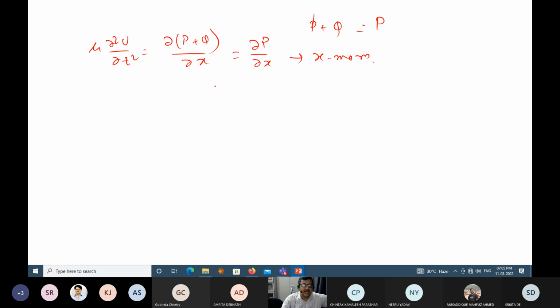Then I will have del P by del Z is equal to 0, which is my Z momentum equation.